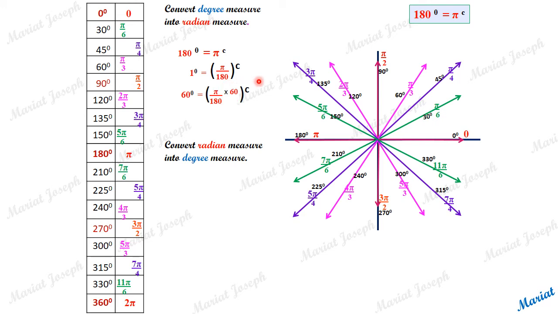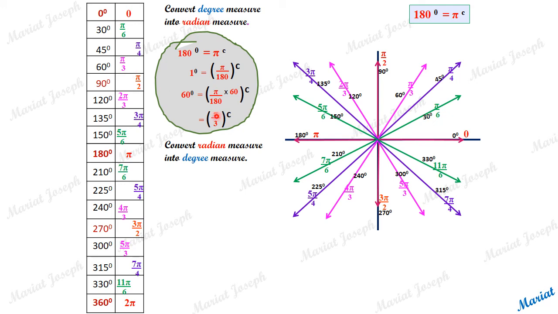This we simplify. 60 and 180, common factor 60. So we are left with pi by 3 radian. See here, 60 degrees equal to pi by 3 radian.